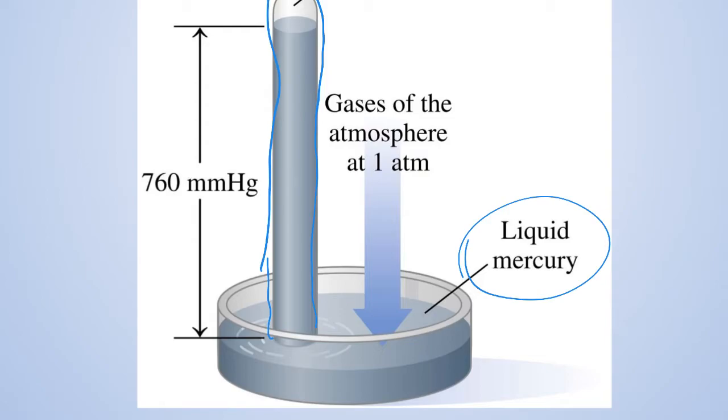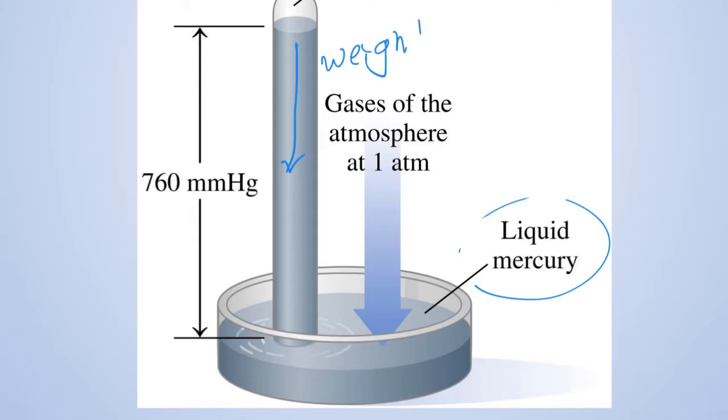The weight of the mercury is going to cause the height of that liquid to fall down. As you might be aware, weight is due to gravity, so gravity is pulling the mercury down.